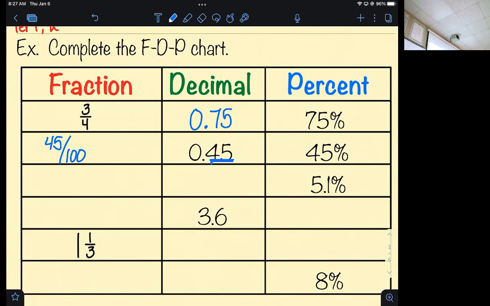But this reduces, and it reduces by 5. And Frank, what did you say it was? 9/20. So all of our fractions have to be reduced, 9/20.